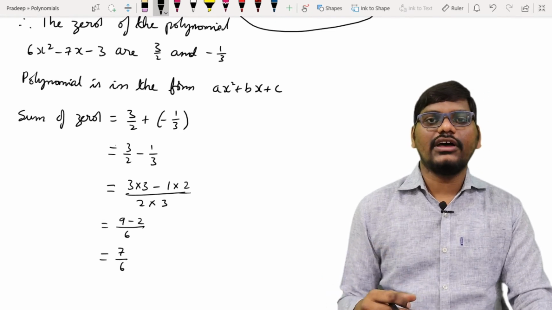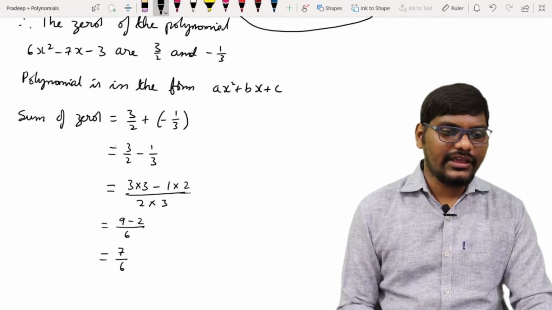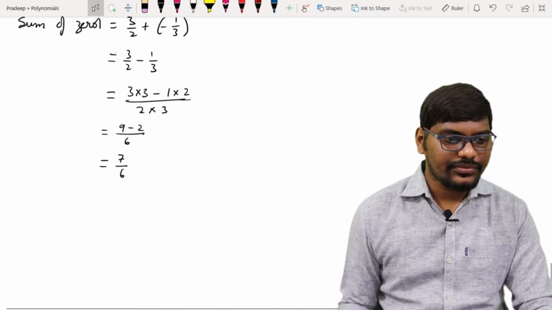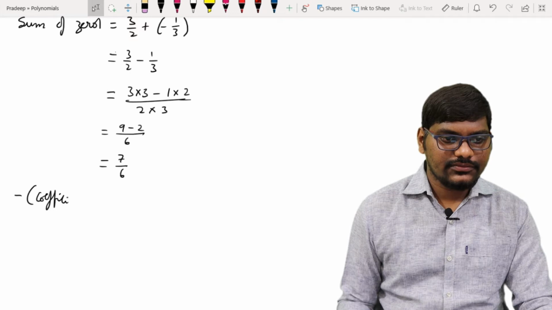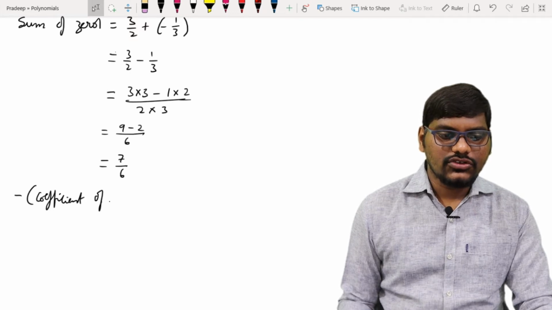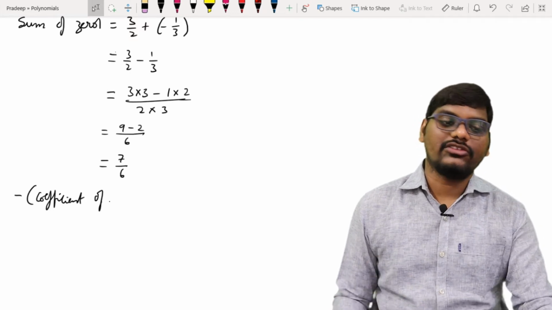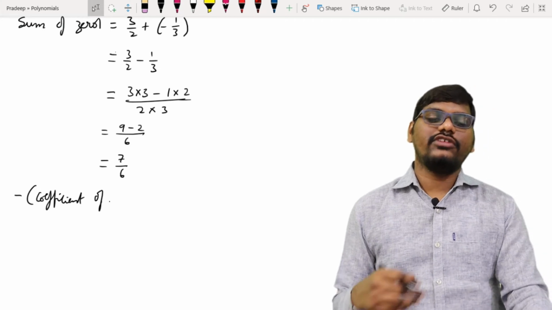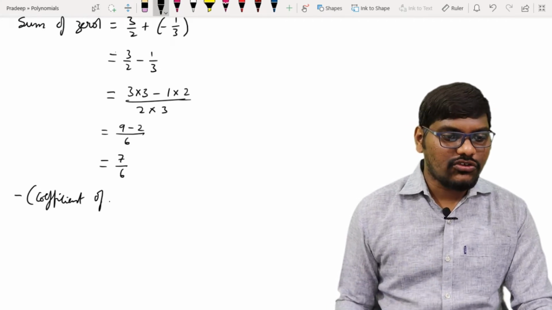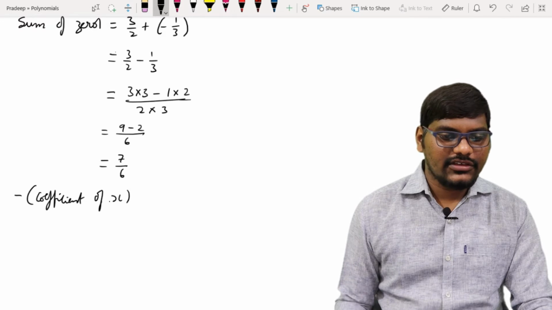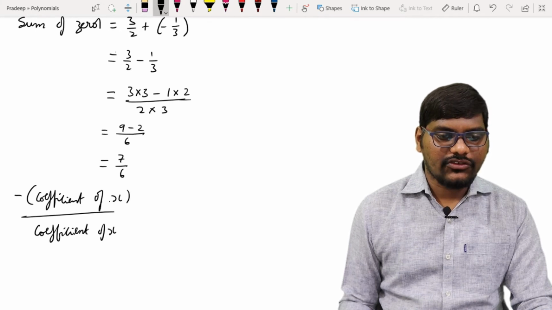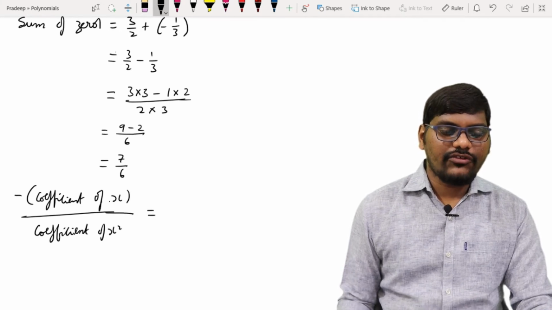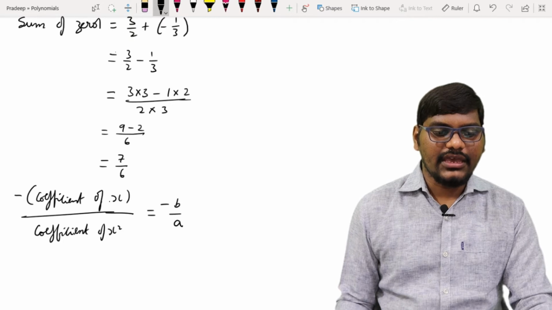So we'll go with the equation. I can write here coefficient of x by coefficient of x square, that is minus b by a.